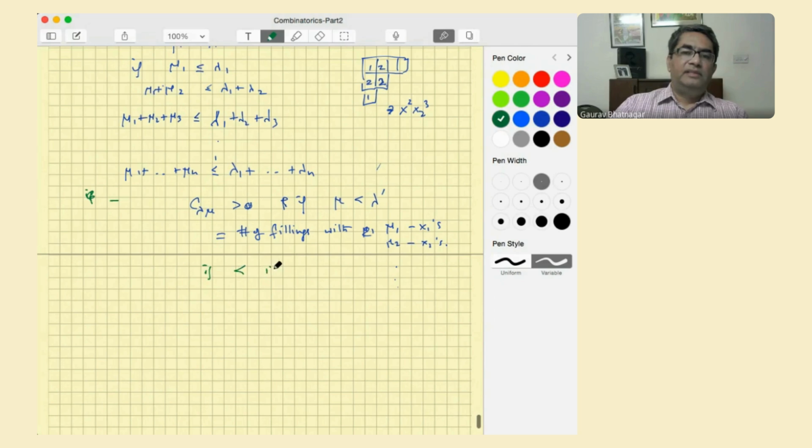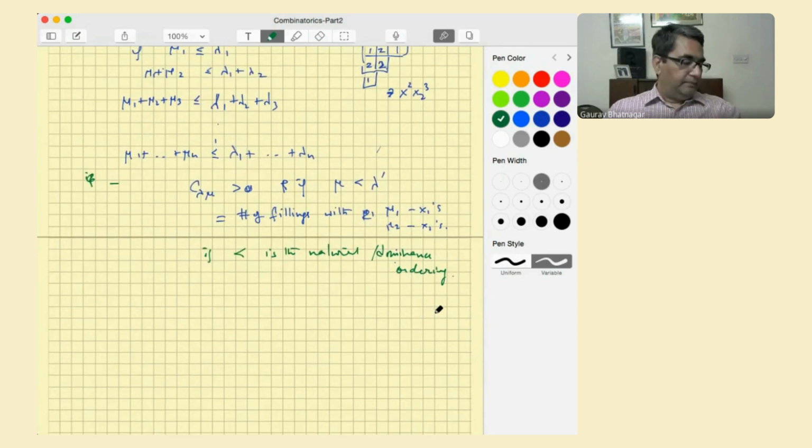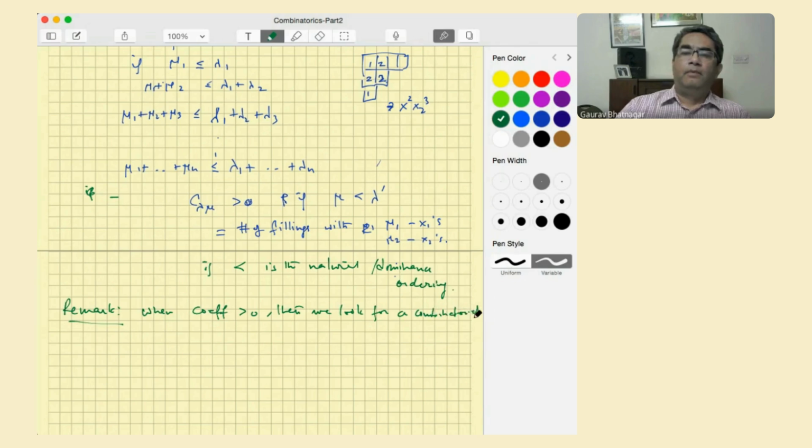A remark: in your mathematics study, when the coefficients you're calculating are always bigger than zero, we look for a combinatorial object that counts it.